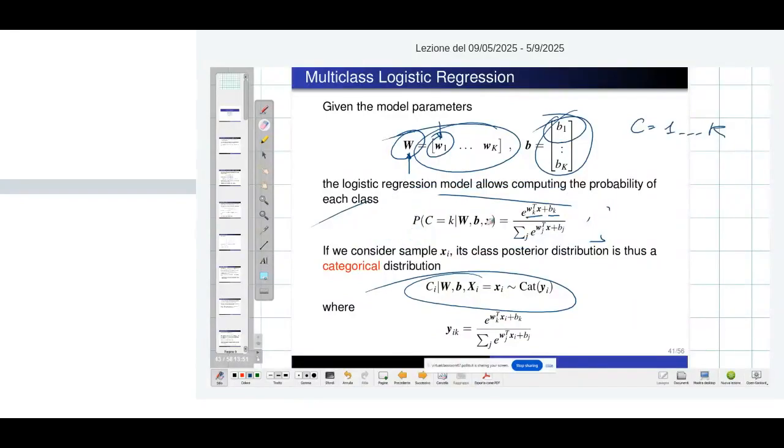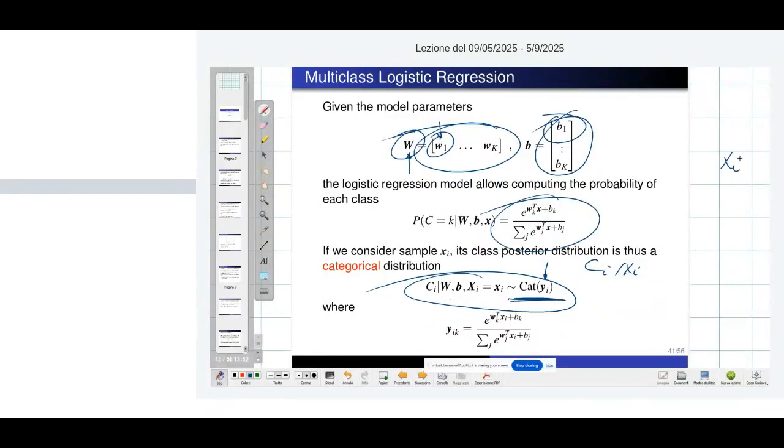Which means that essentially the class posterior, the random variable Ci given Xi, is distributed as a categorical random variable whose parameters are what? The parameters of the categorical random variable are exactly the probabilities of each class. But the probabilities of each class are exactly the softmax elements.